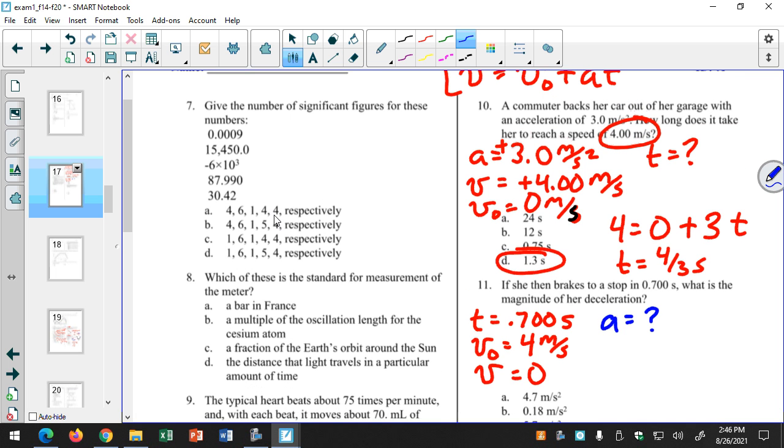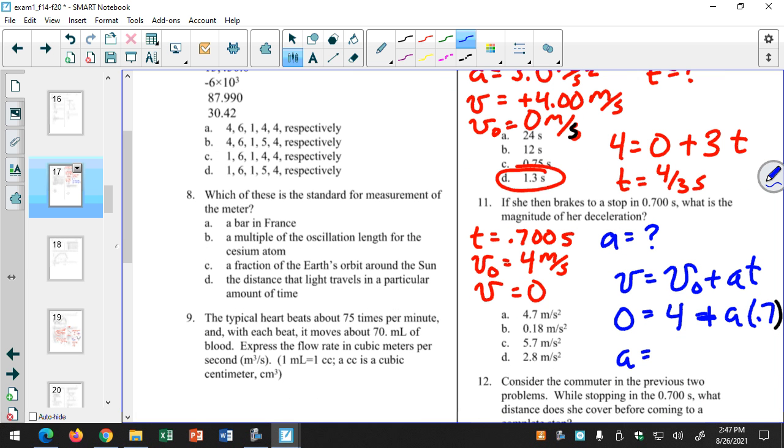All right. So this is again a fairly straightforward one-step problem. I would say that V is equal to V naught plus A times T. V is equal to 0. V naught is equal to 4 plus A times 0.7.